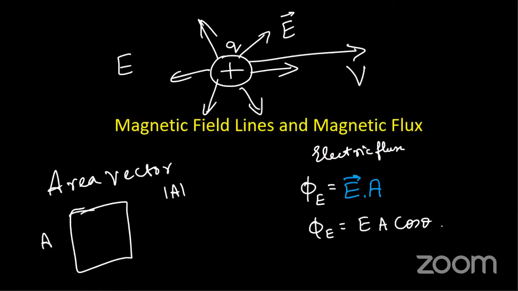Yes, correct. It is always normal, or perpendicular, to the surface area. So if this is my surface area, the normal to this surface will be the direction of your area vector. So flux is nothing but E dot A, electric flux. We discussed all this for electric flux.